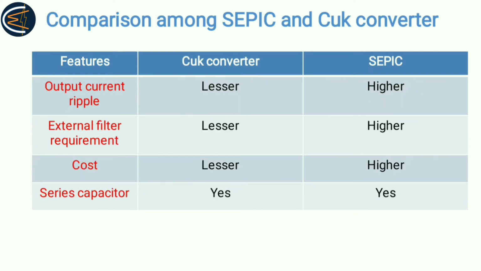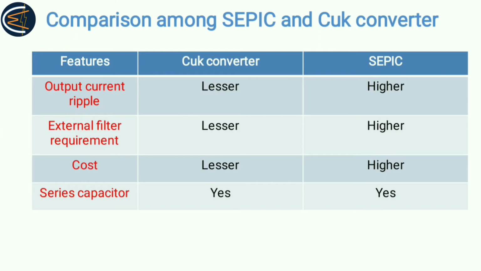Now the next point is output current ripple. As we all know, Cuk converter has inductors at both input and output side, but SEPIC doesn't have any inductor at the output side.